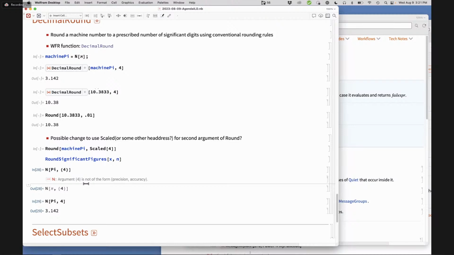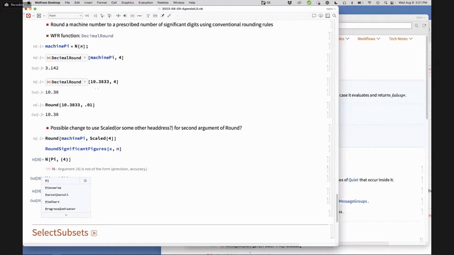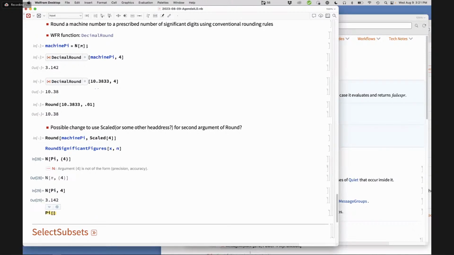Okay, I missed where we skipped. Round to N. Well, what happens if I say N of pi, comma 4, comma 10?